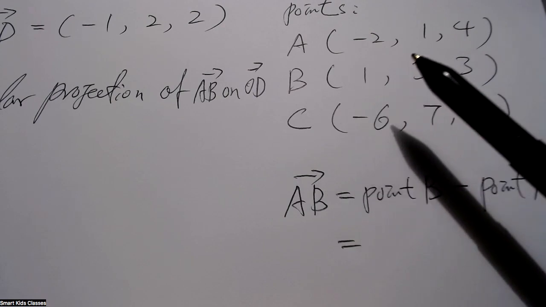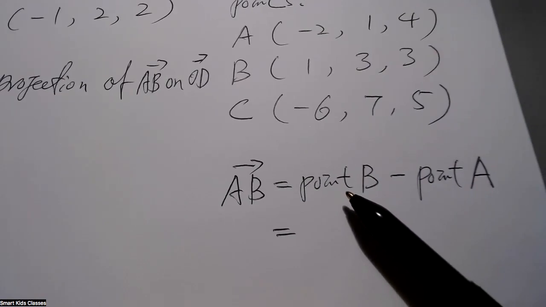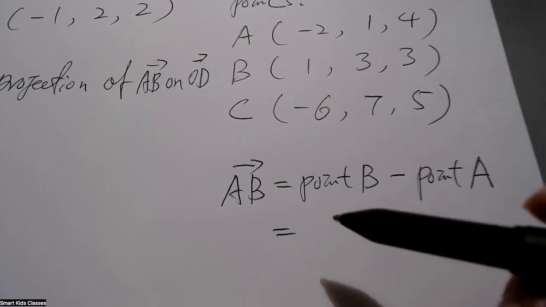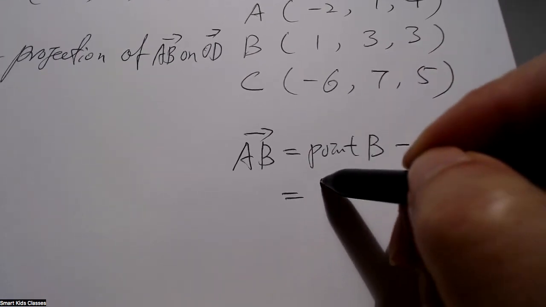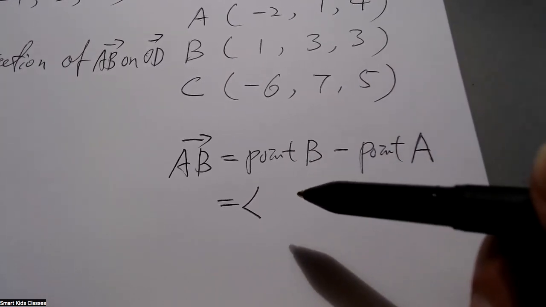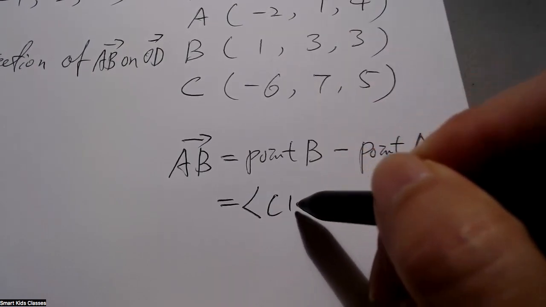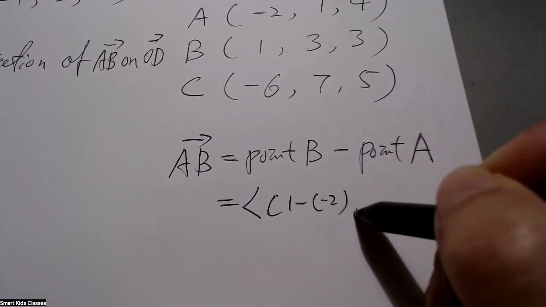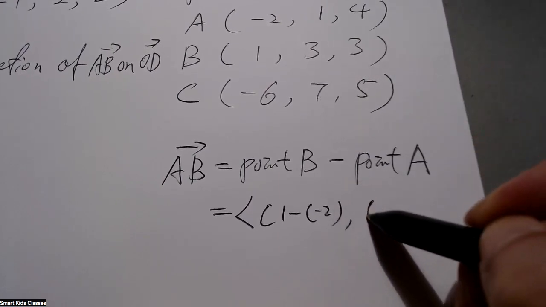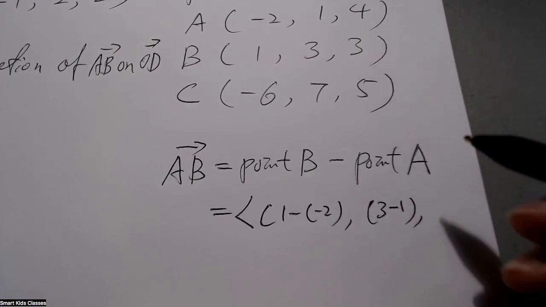To find vector AB, we are going to take point B minus point A. So we're going to write it in calculation. These are the vector components, so we put B minus A. So 1 minus -2 for the first component, and then for Y it will be 3 minus 1, and for Z it will be 3 minus 4.